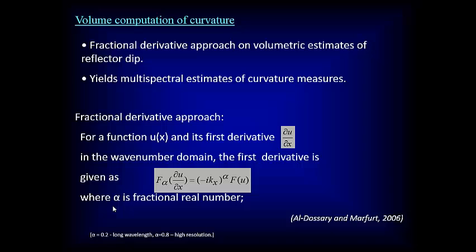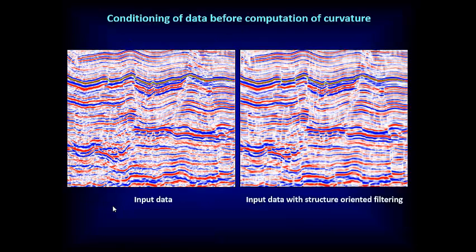Keep in mind, mathematically speaking, curvature is a second order derivative type of computation. And so the implication this has is that if we have noise in the input data, the curvature computation is going to boost up the noise as well as the signal. And so we need to tone down the noise if we can, as is seen here with structure oriented filtering.